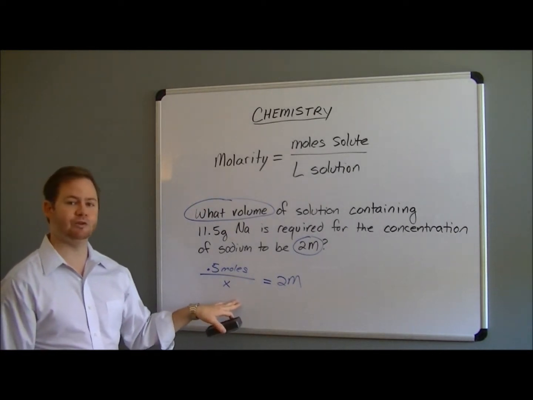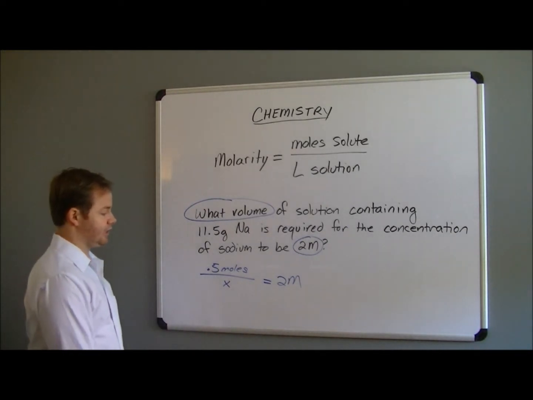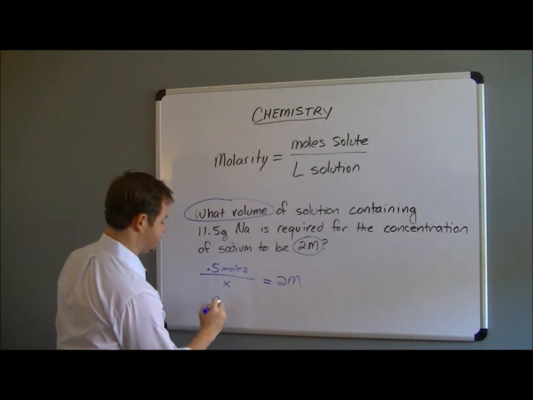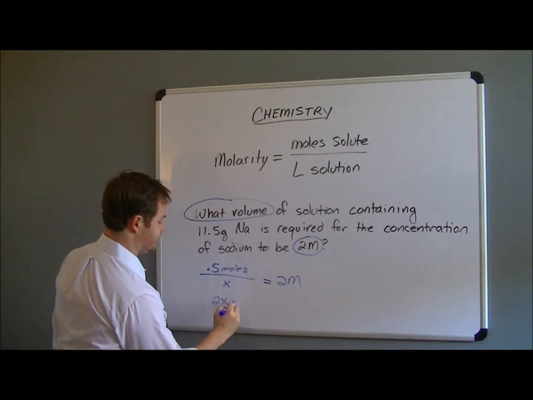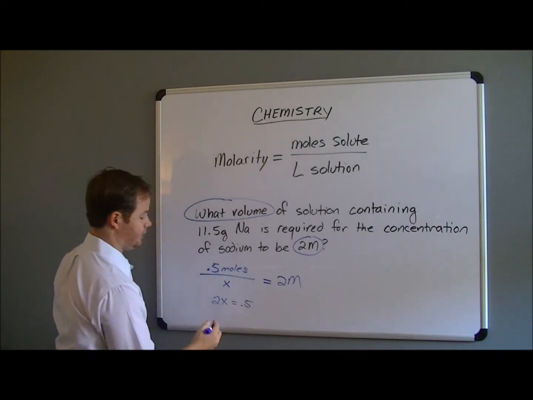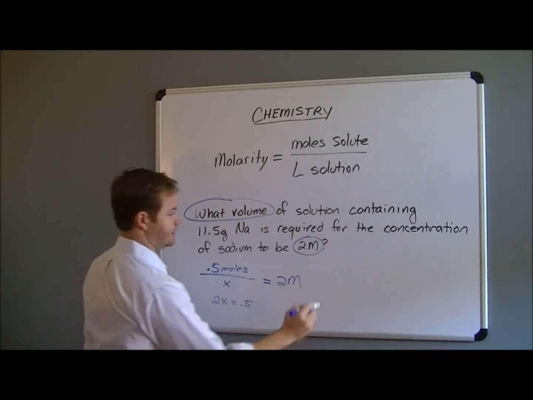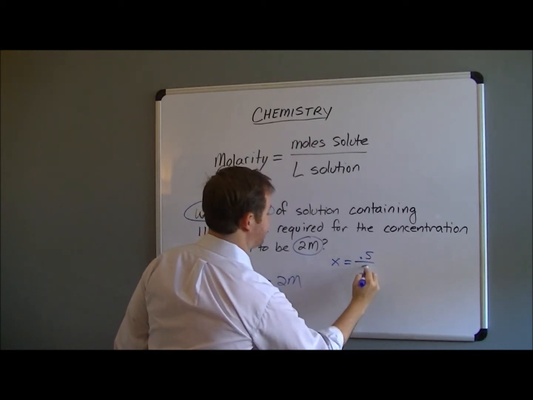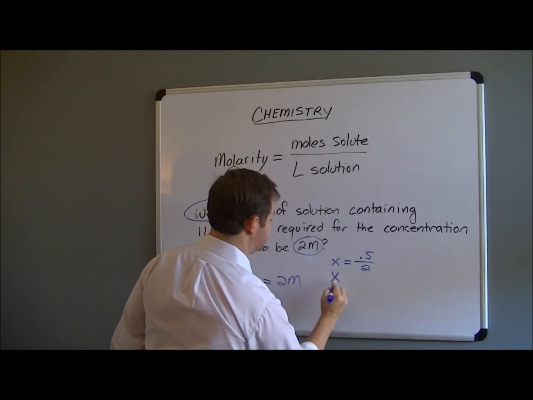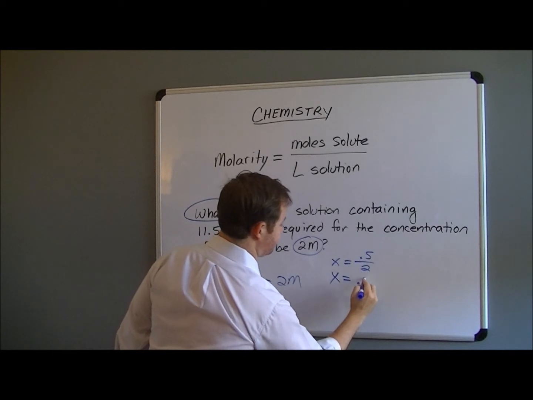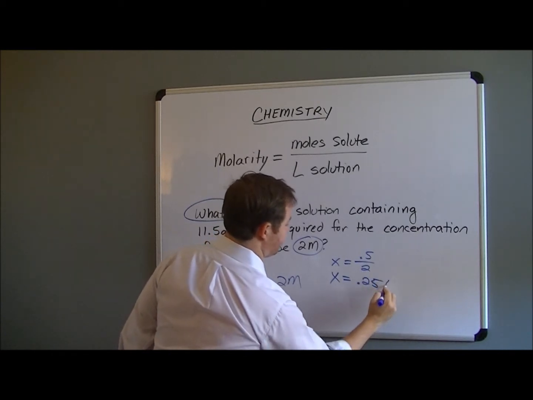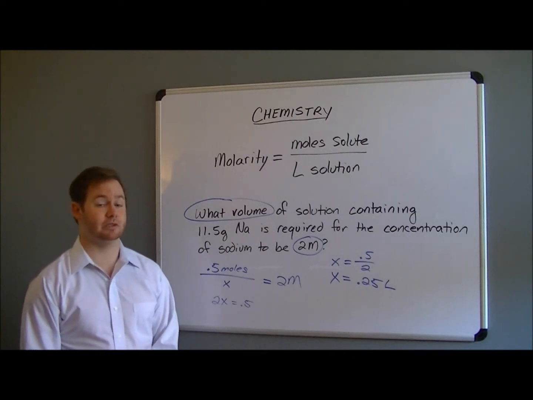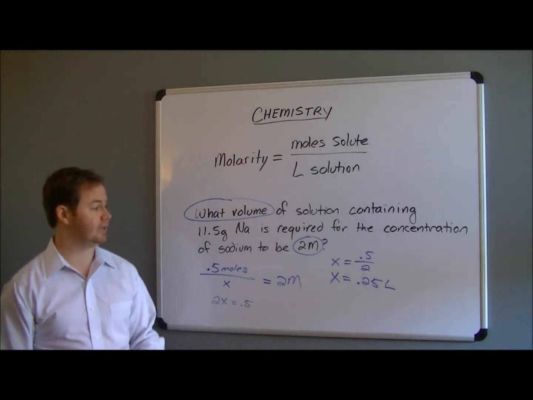And here, when we rearrange to solve algebraically, you can multiply by x on the other side, which would give us 2x is equal to 0.5 moles. And then in solving for x, x in this case is going to equal 0.5 divided by 2, which will come out to be 0.25 liters.